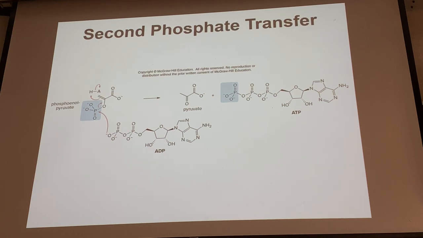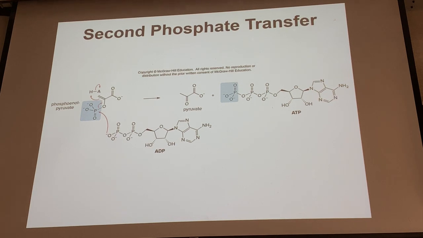In this case, instead of a carboxylate being the leaving group, it would be an enolate, but that enolate gets protonated as it leaves. So you displace the phosphate group from phosphoenol pyruvate, and that gives us pyruvate, our 3-carbon molecule that is the product of glycolysis, and it gives us ATP. Okay, any questions about that?